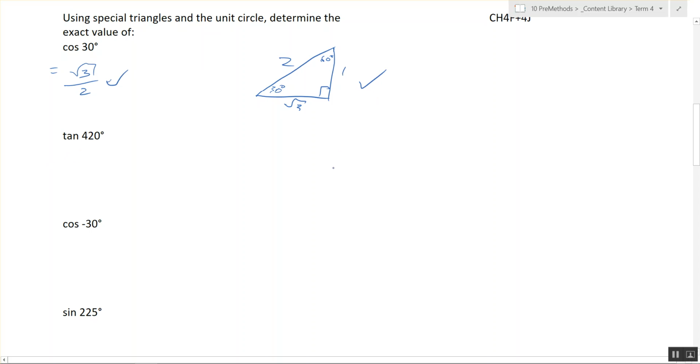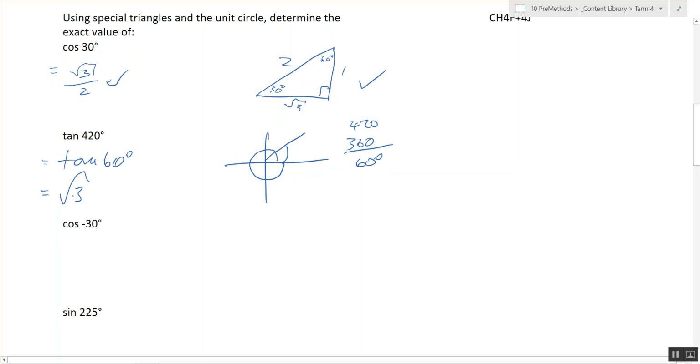Okay, next one. We need the unit circle. So we're going around 360, and then we're going around an extra 420 minus 360, 60. So we're again using this triangle, opposite over adjacent, which is? Yep.